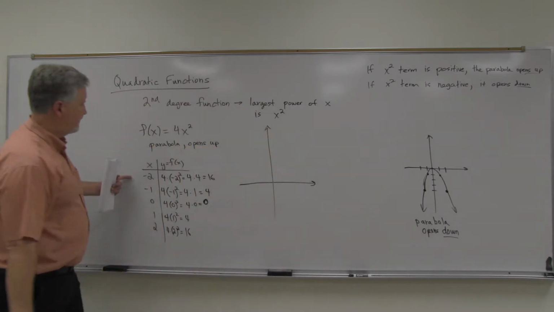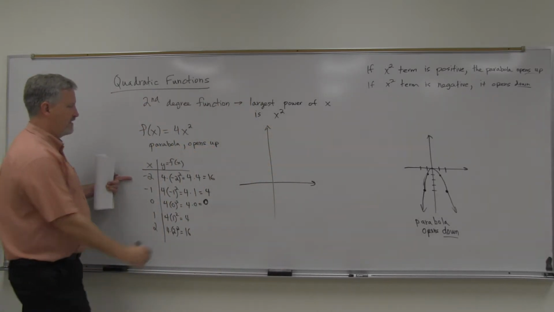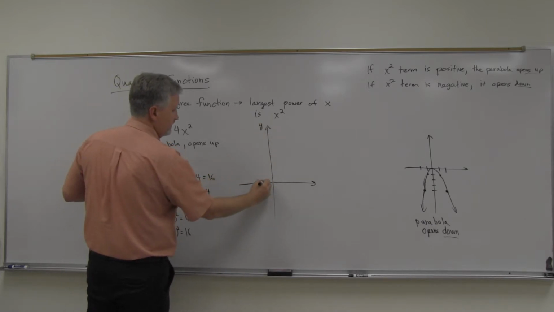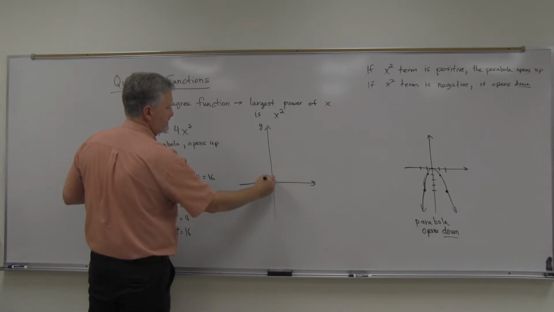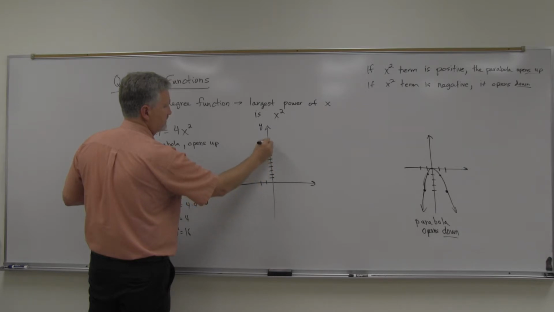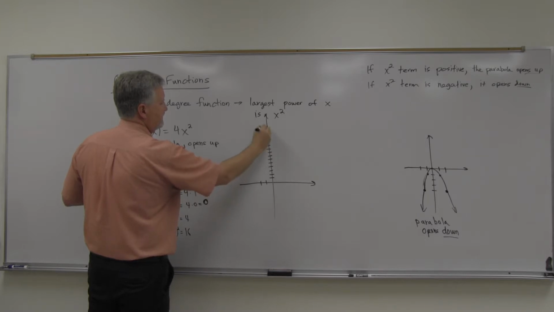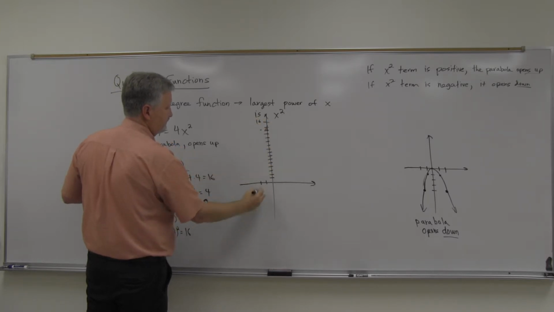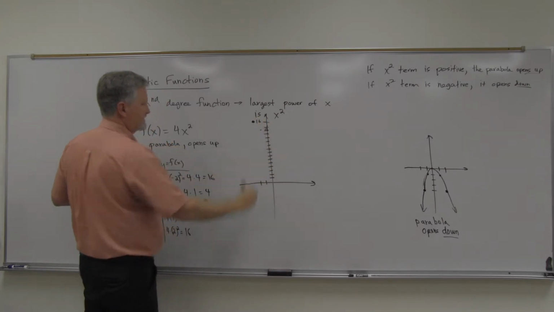So here's what basically happened. Got to have a few more marks on the y, right? X is -2, but the y is 16. So -2, I'm way up here at 16.